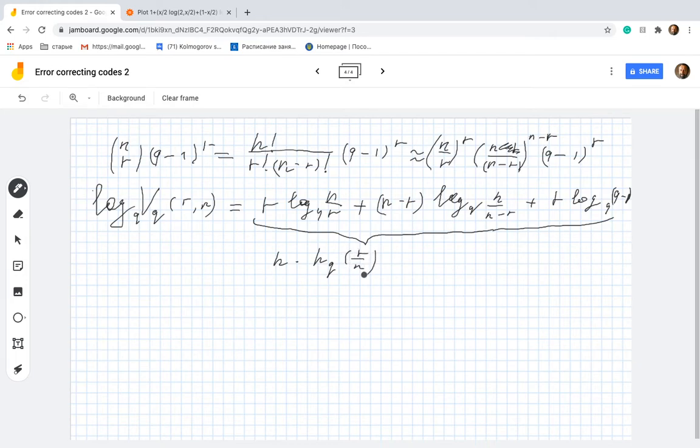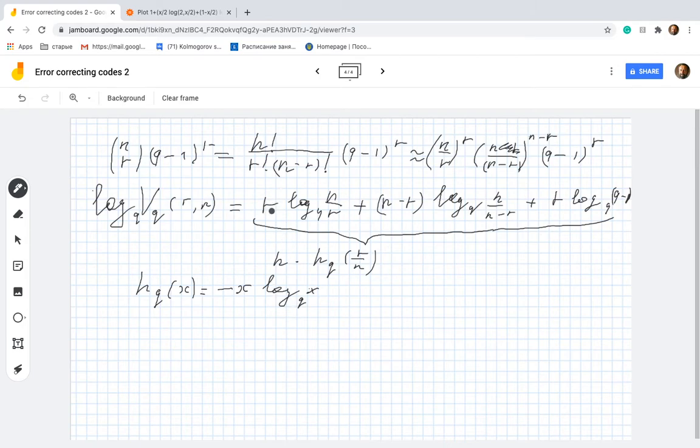And the formula for the Shannon function is made to make this true. It is defined as follows: the Shannon function of x is equal to minus x log x. So this is the first term.